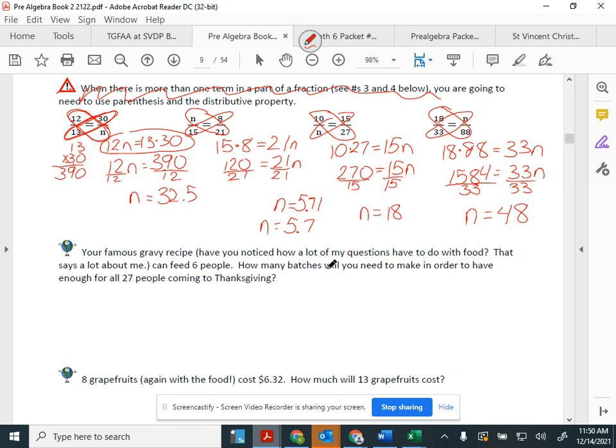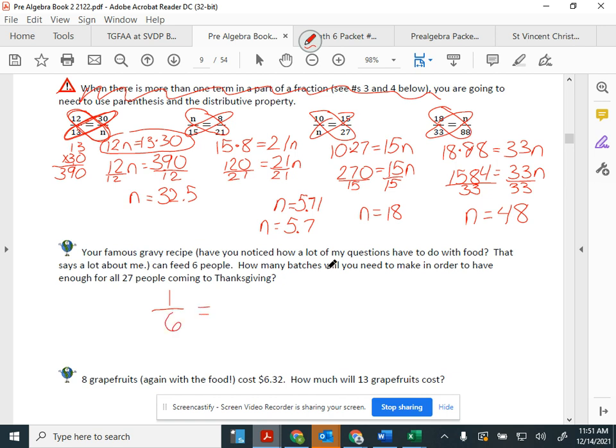What do you think, Maddie? 27 over 6. Or sorry, I was thinking of fraction. So with this one, we're not finding the rate. So we're just finding, I would just put it in order. So one gravy recipe feeds 6 people.